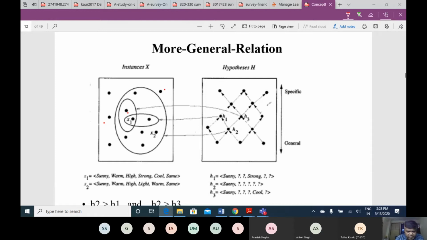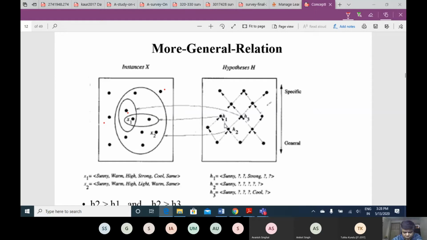Their intersection consists of a single instance, x1. But hypothesis H2 is this one. It contains both H1 and H3.